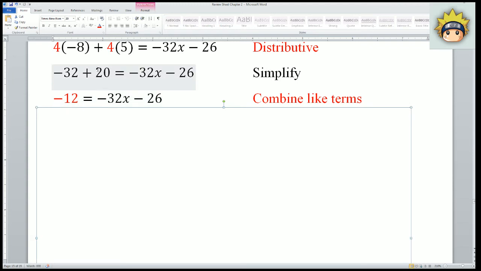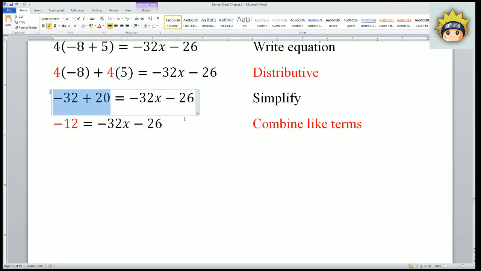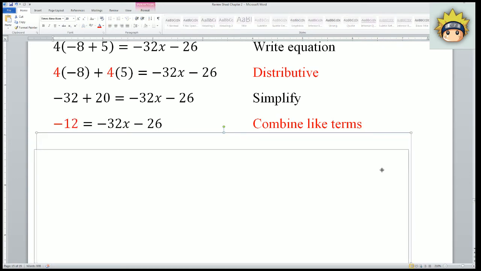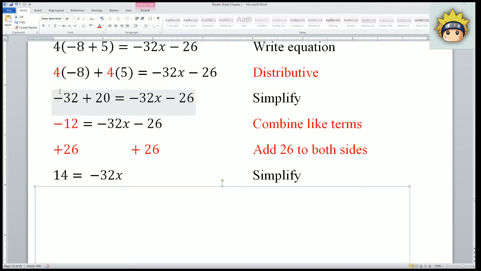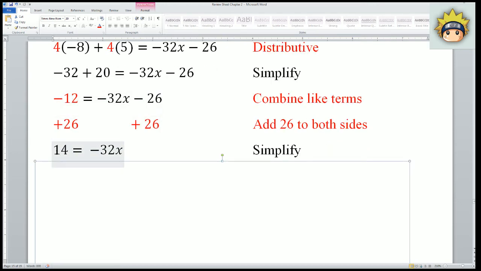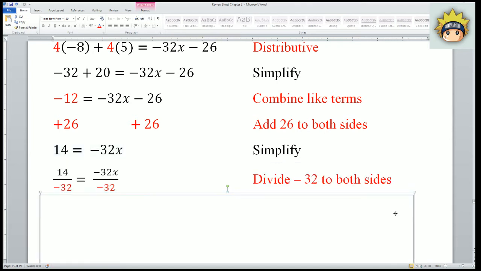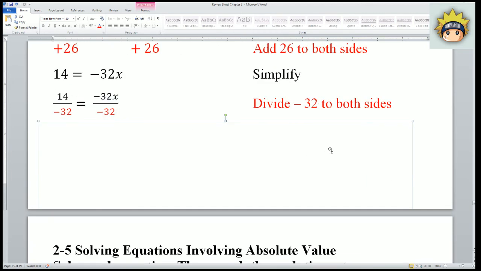okay, I combine some like terms. Negative 32 plus 20 becomes negative 12. You could do that on a calculator if you would like to check. Then I'm going to add 36 to both sides because I'm trying to isolate and solve for x. After that, it is 14 equals negative 32x. Divide both sides by 32. Okay, get x alone.